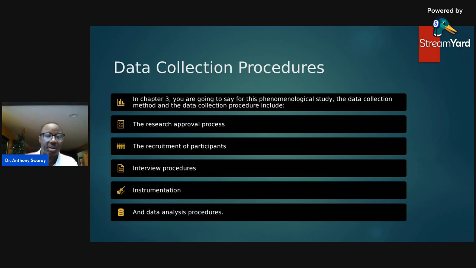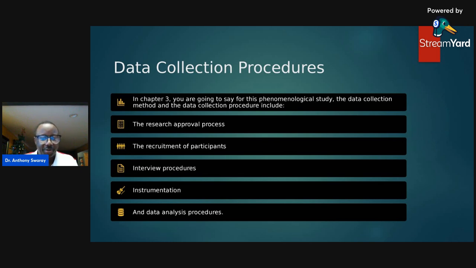How was the research approved? Coming from your dissertation committee, and at the same time going to the IRB, the Institutional Review Board. So you got one approval from the dissertation committee, and your work was sent to the IRB, and you have to go through the IRB, and after that, you are clear to conduct the research.